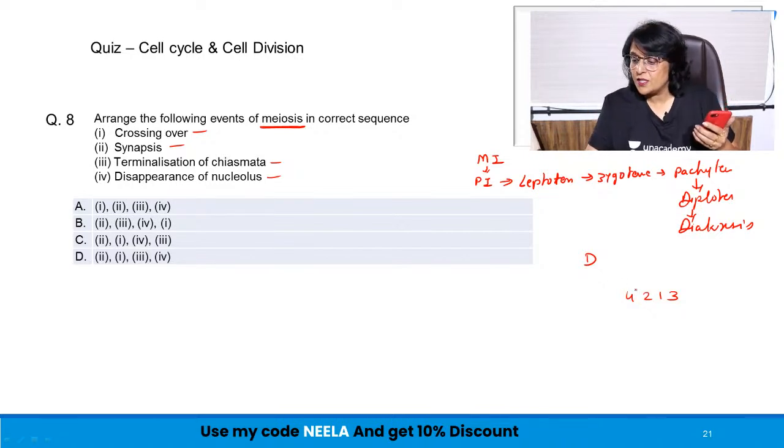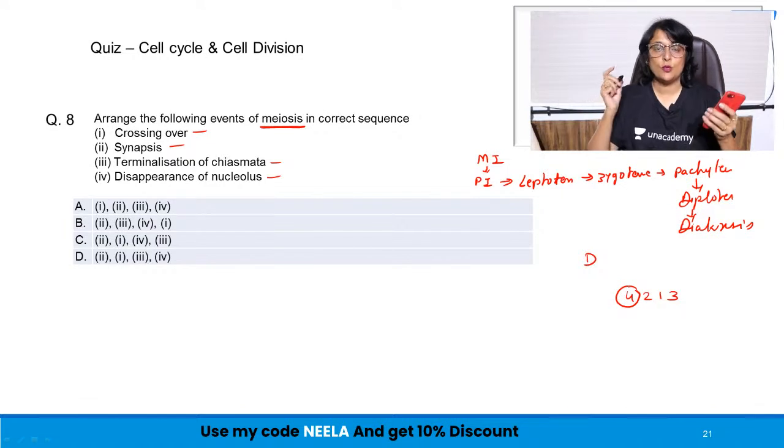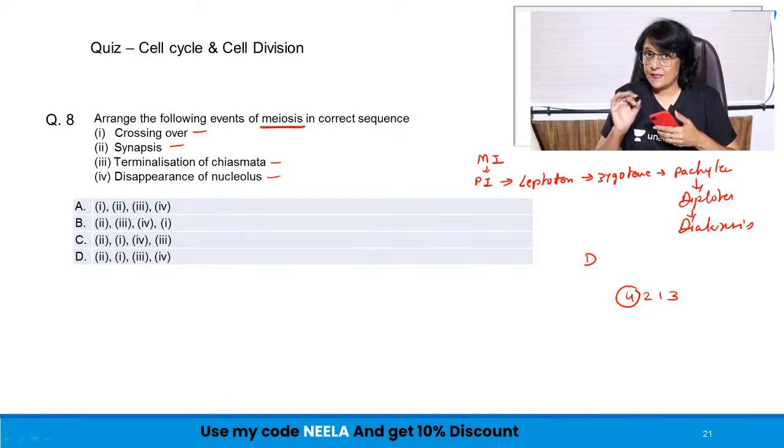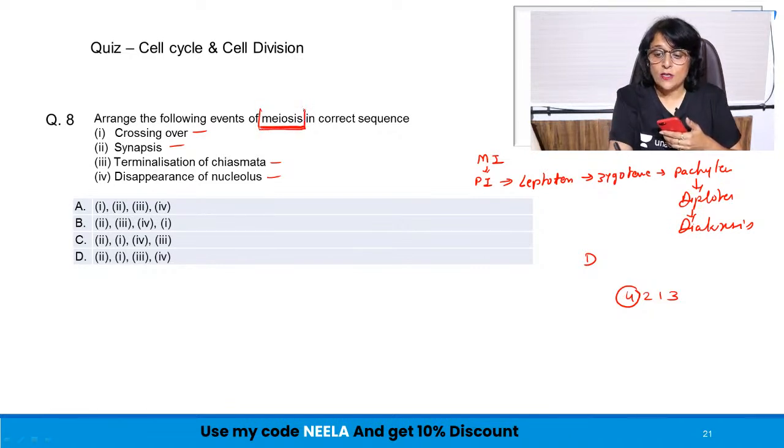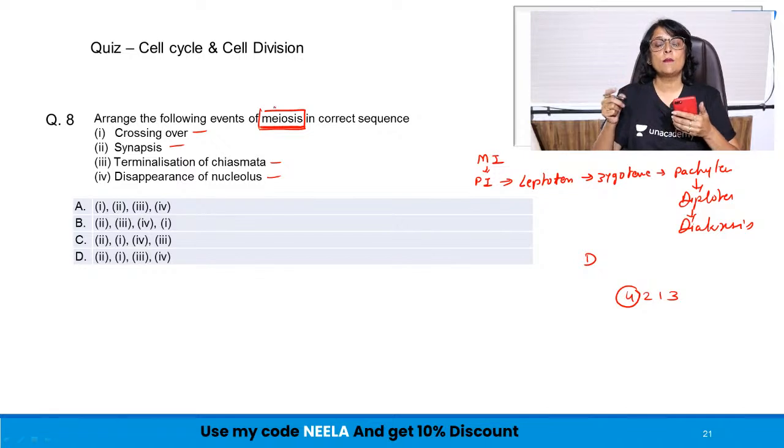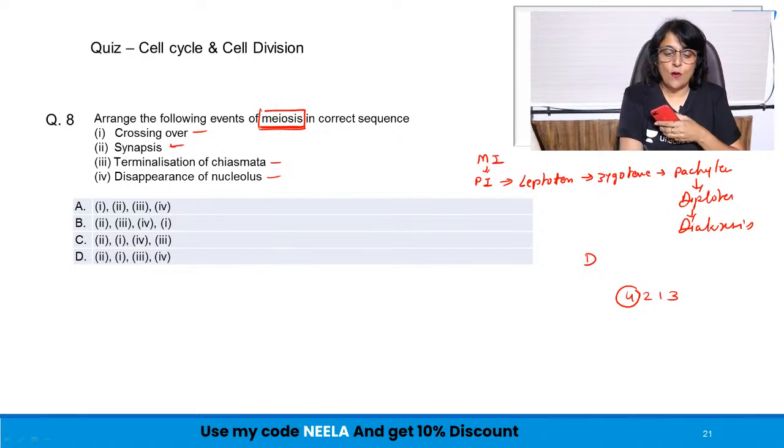So the first confusion was that in prophase, nuclear membrane dissociates and nucleolus dissociates, that's right. But in meiosis, before nuclear membrane and nucleolus dissociate, there are changes taking place, like pairing of homologous chromosomes.